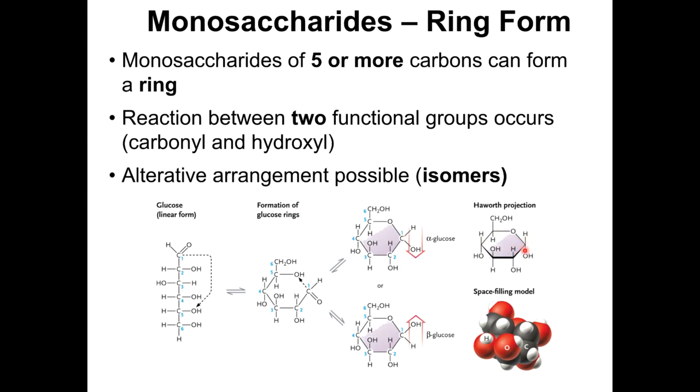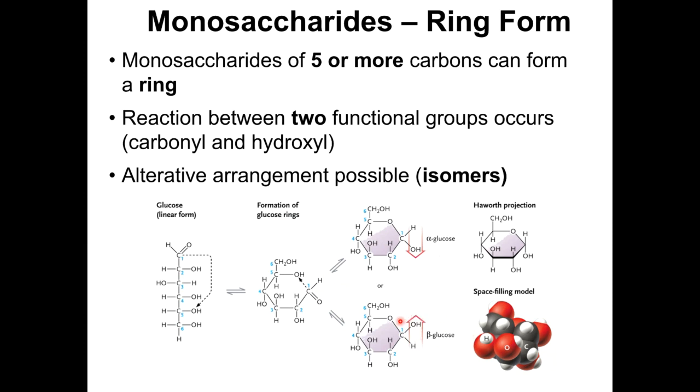In this case, this hydroxy group will be below, or it can end up upward on top of it. Based on how it turns out, if it ends up going below the plane, we talk about the alpha form of that monosaccharide. So in this case, we're talking about alpha glucose. If it goes upward, it will be referred to as beta glucose.